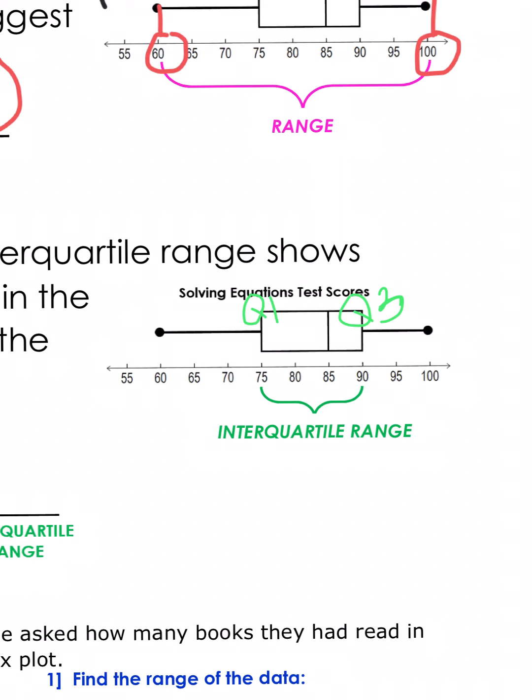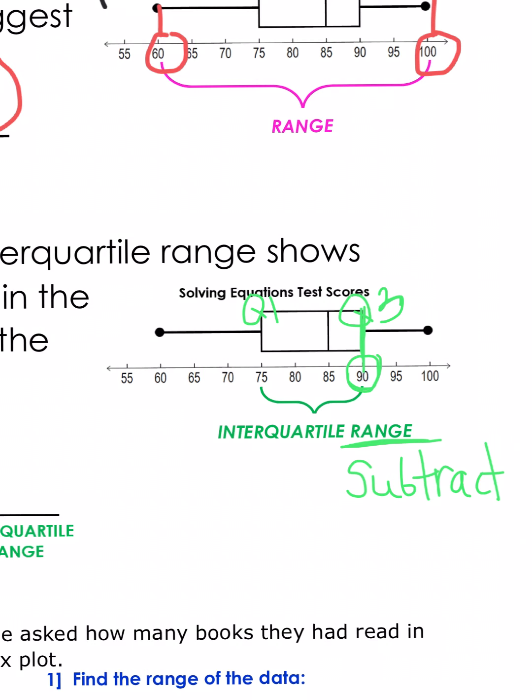So, to find interquartile range, we still have that word range in here, so we know that we're still going to subtract. But this time, we're going to subtract quartile 3. We line it up with the end of the box, and I see quartile 3 is 90.